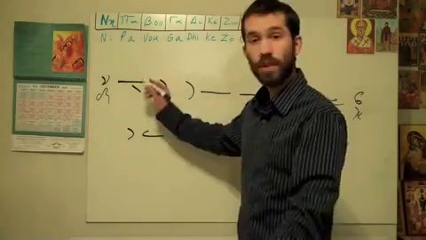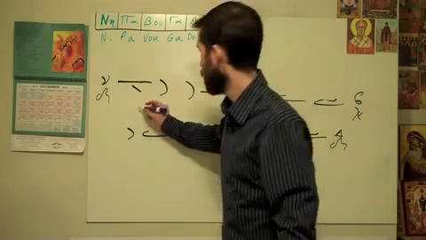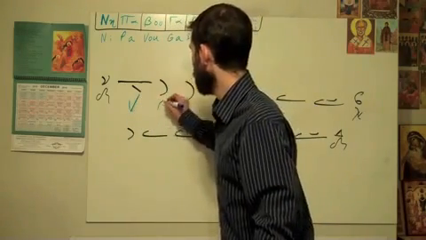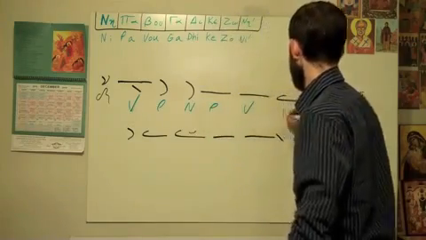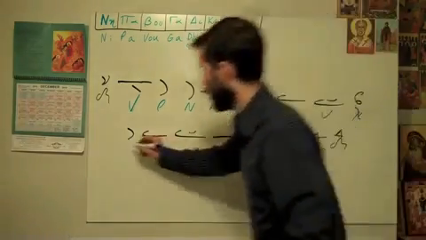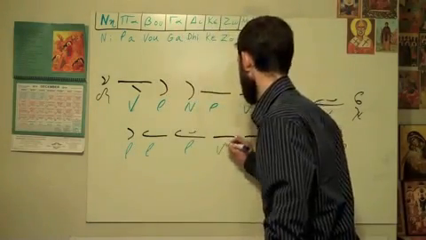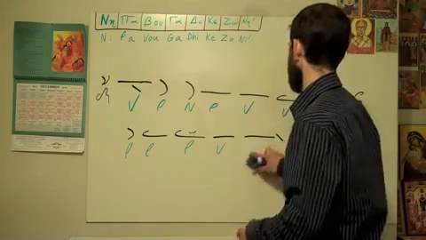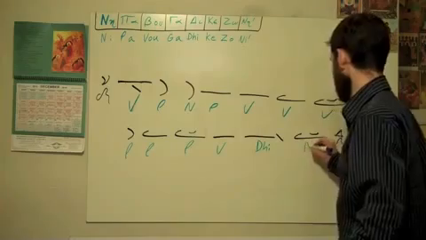So here, if we start filling in some of the notes, I'll write them in our Latin characters. So we'll say vu, and then pa, mi, pa, vu, vu, vu, pa, pa, pa, vu, vi, vi, vi.